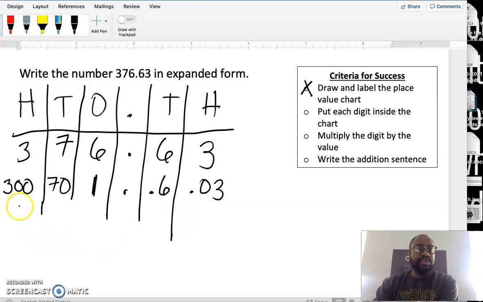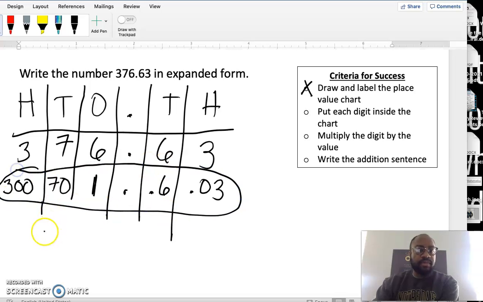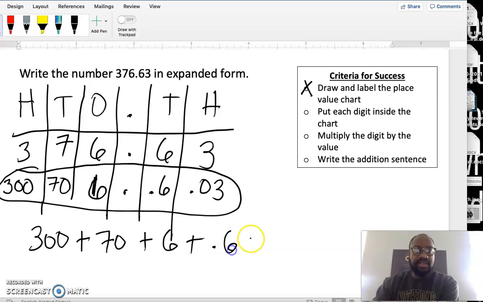So now I'm going to write this number in expanded form. So this number is 300 plus 70 plus, this should have been 6. 6 plus 6/10 plus 3 hundredths.